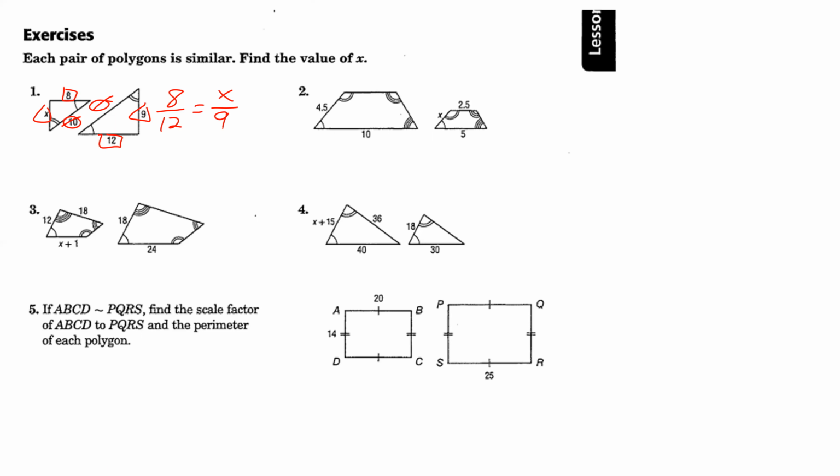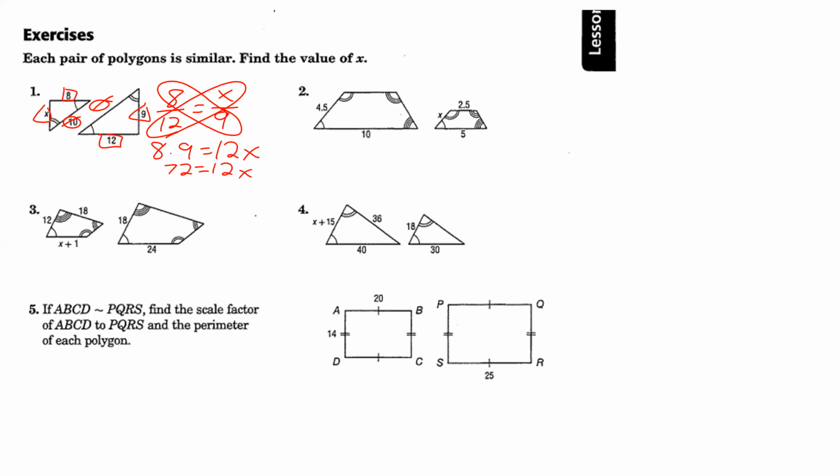Now that we have them set up in the same way, we can do what we did on Friday and solve a proportion by cross multiplying. So we are going to multiply the 9 and the 8 together, and the 12 and the x together. So 8 times 9, 12 times x. What's 8 times 9? 72.